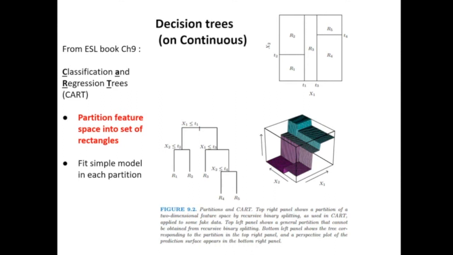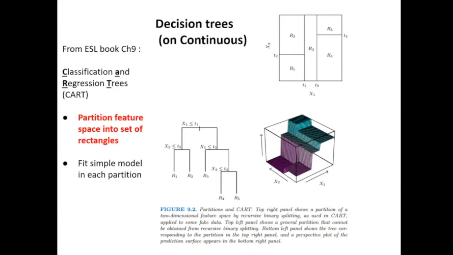When x1 is smaller than t1, it's separated further by x2. And then on the right branch, you can continue to separate using x1 with t3, another threshold, and then separate further using x2 with t4.